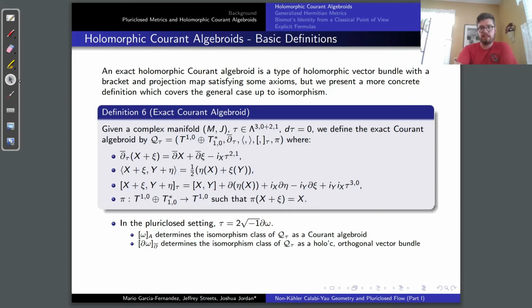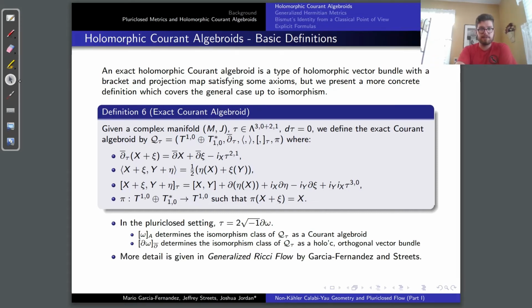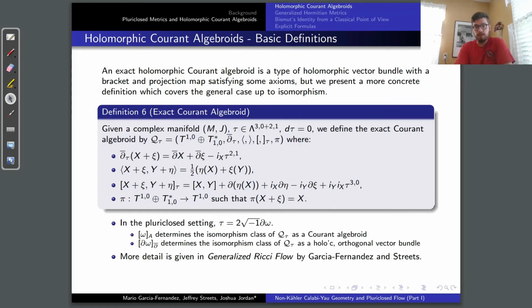But if you're just thinking of Courant algebroids as isomorphic up to isomorphisms of holomorphic orthogonal vector bundles, then you really only need the torsion class. More details are given in generalized Ricci flow by Garcia-Fernandez and Streets. I believe you can find it on the arXiv now, actually.